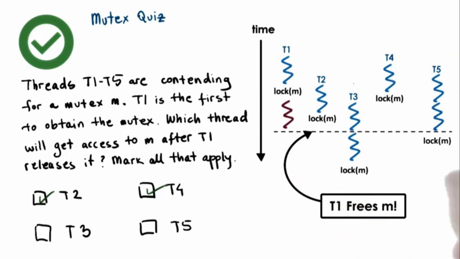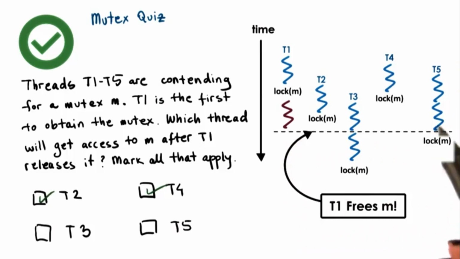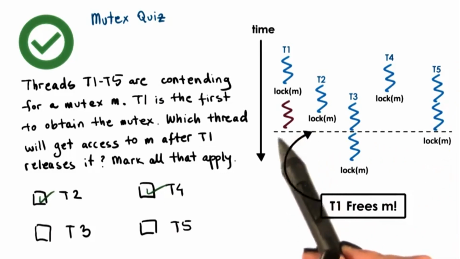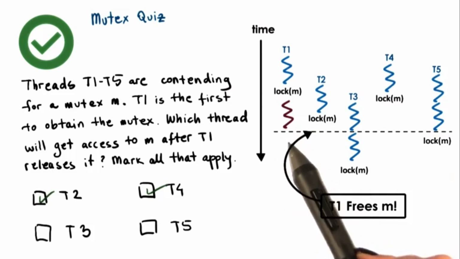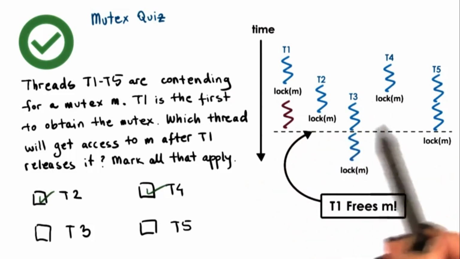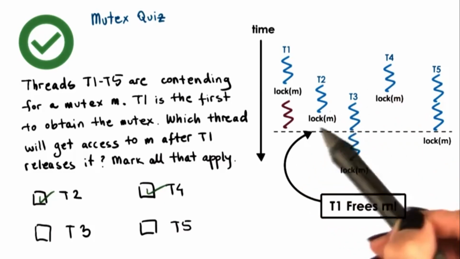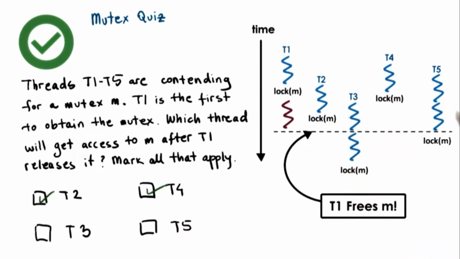For T5, it's a little tricky. From the diagram, we see that the lock is released just as T5 is starting to perform the lock operation. So what can happen is T1 releases the lock, and both T2 and T4 are pending on it. But just before we give the lock to one of these two threads, on another CPU, say, T5 arrives and makes a lock request.